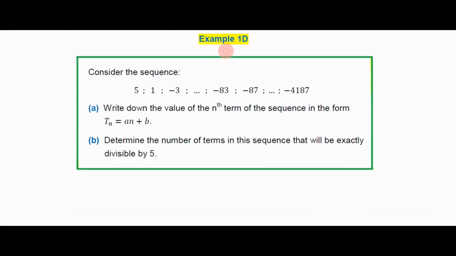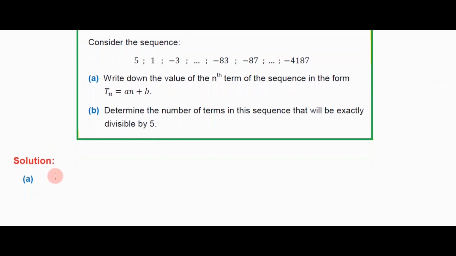Let's look at example 1D, which is an example on divisibility. It says consider the sequence, and we are given the sequence of numbers. In A, we have to write down the value of the nth term of the sequence in the form t sub n equals an plus b. Firstly, let's check whether this is an AP.